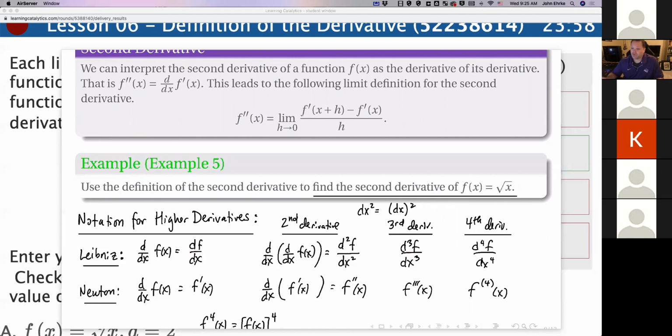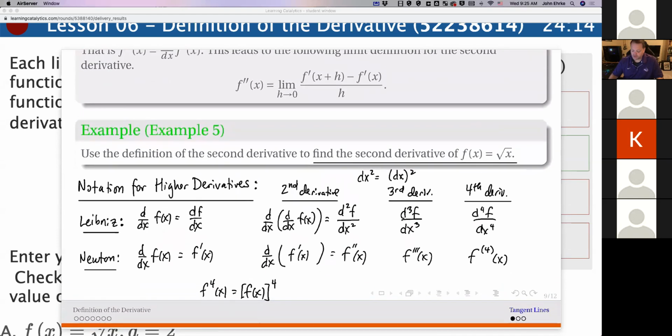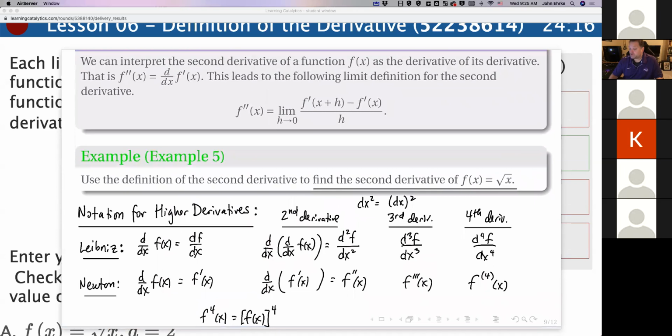It's why in high school, most of the examples you get in a calculus course are polynomials, because polynomials get easier the more you take the derivatives. Most other functions do not. Most functions get more difficult the more derivatives you take. So I wanted to start off with a medium difficulty problem to look at. We could have started off with polynomial.